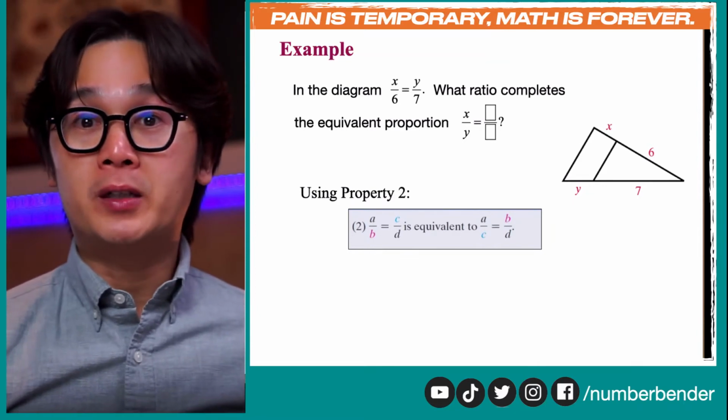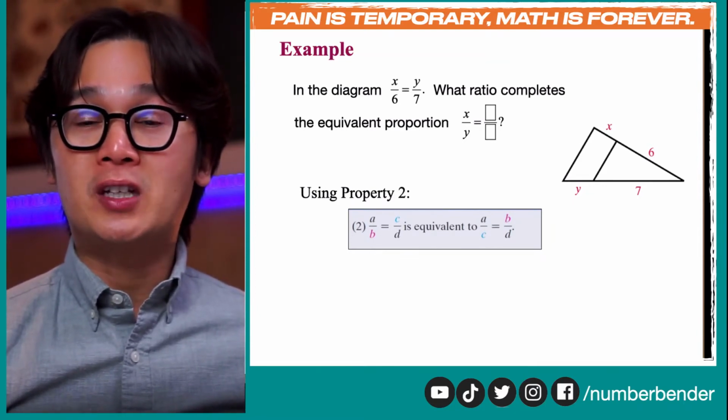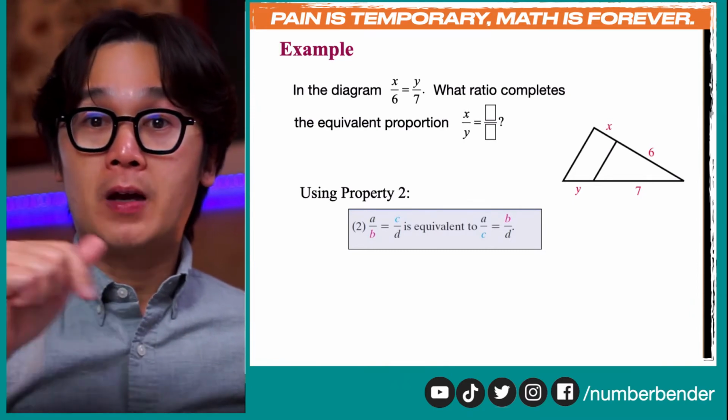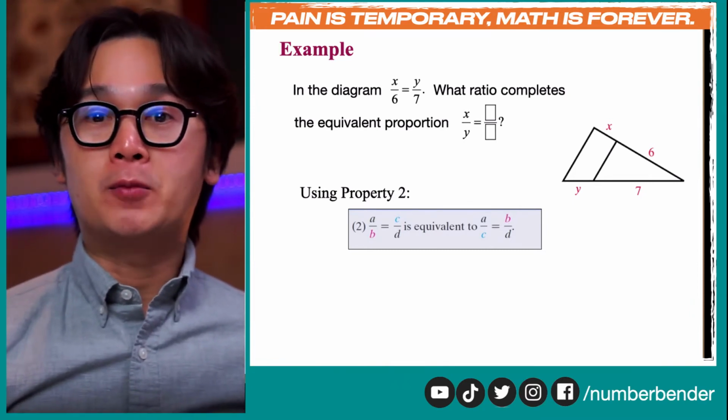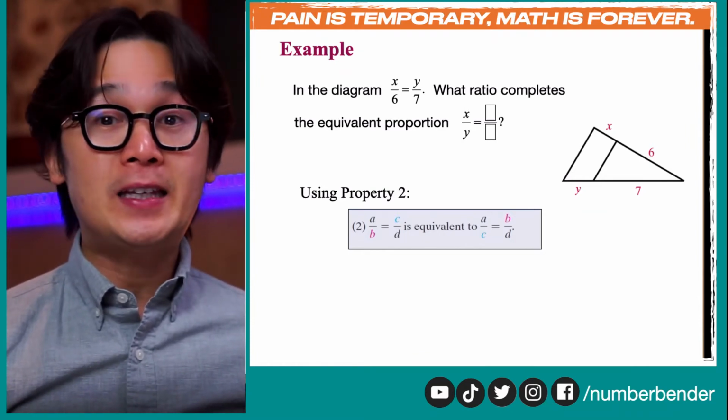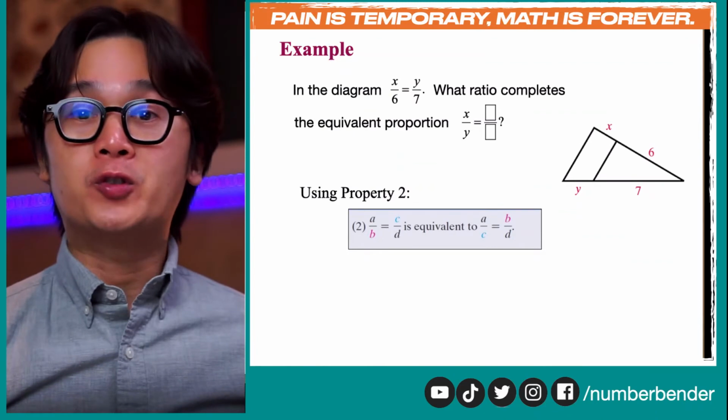We can use property number 2 to be able to produce our equation in this problem. So in property number 2, all we need to do is to switch the values of our means, and we'll be able to produce the value of the proportion that is equal to what we are supposed to be producing.